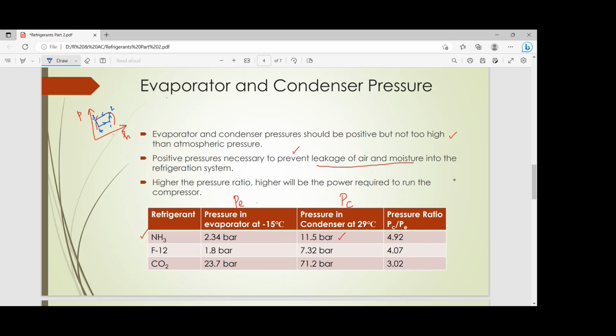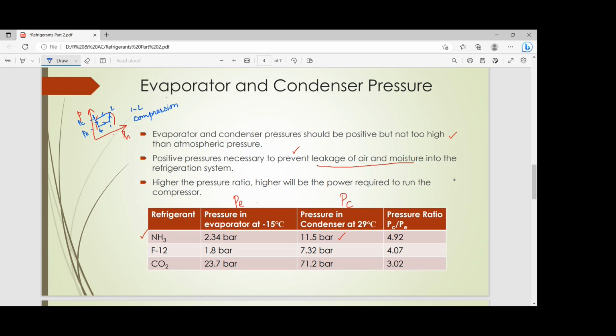In this case, 4 to 1. So this is going to be the evaporator pressure, and this is going to be my condenser pressure. So the operating pressure level is between the evaporator pressure and the condenser pressure. So PC by PE. So 1 to 2 is your compression process in the compressor.